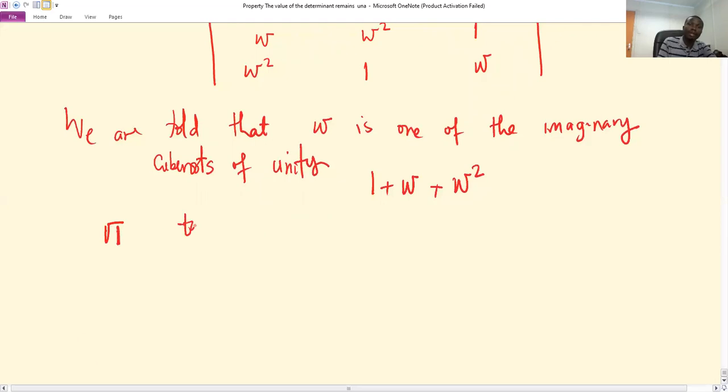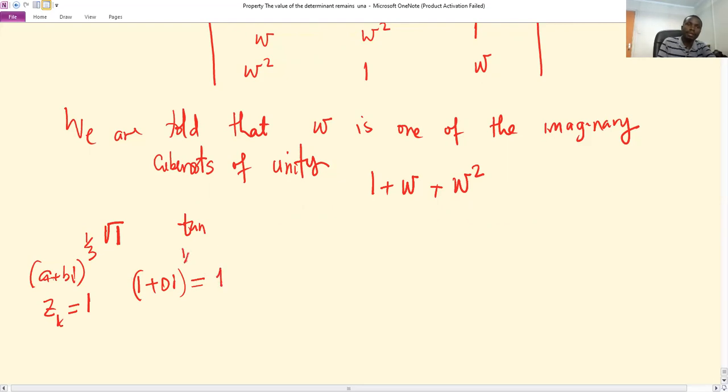So the first thing: you have a complex number a plus bi, and we raise it to the power one third, so we'll have z equal to 1 plus 0i, which means this is the same value as 1.